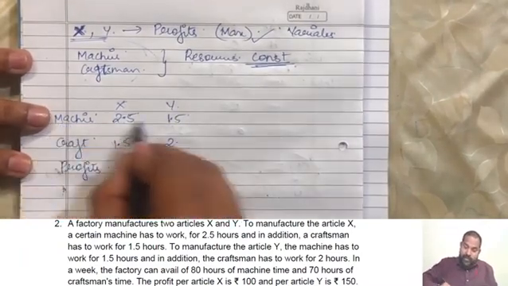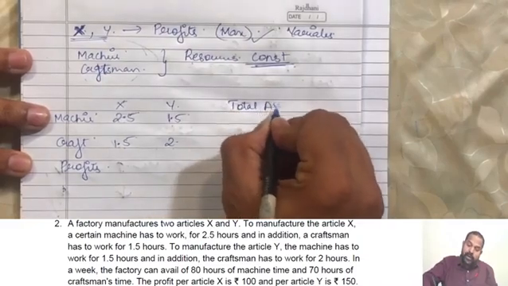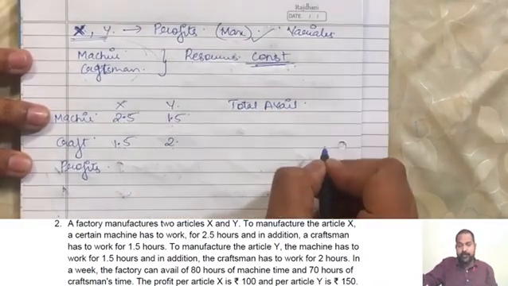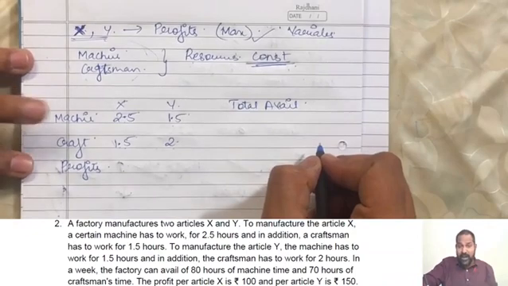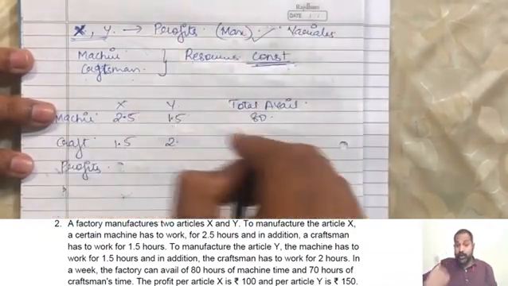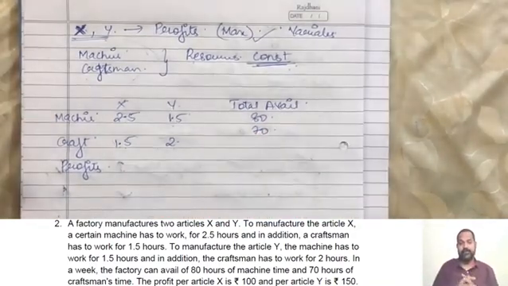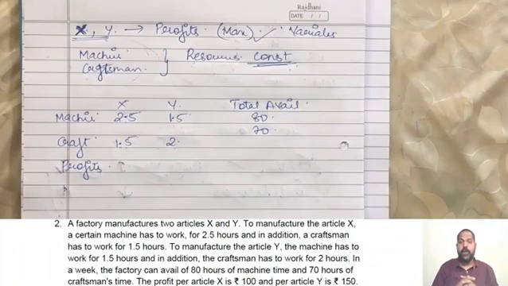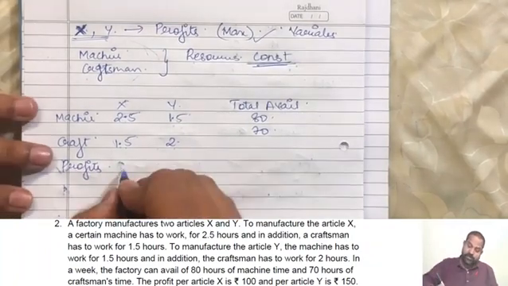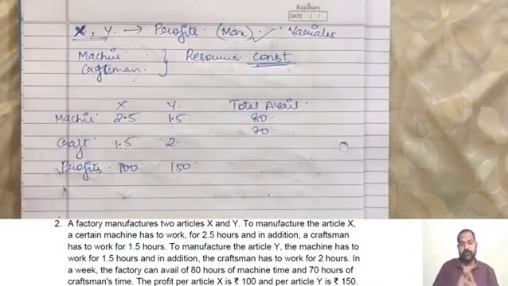So can I say the machine time and make a new column called total available? Total available machine time is 80 hours and total available craftsman time is 70 hours. The profit per article X is rupees 100 and per article Y is rupees 150.